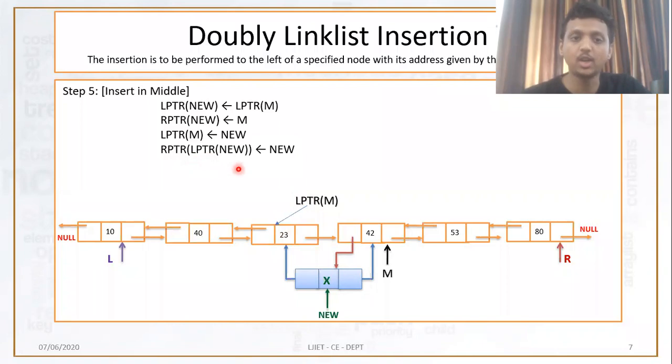RPTR of LPTR of new should point to new. Fine. LPTR of new means this node, and RPTR of that means this link. So RPTR of LPTR of new should point to new. This link is gone and pointing over here. So the last statement is written.